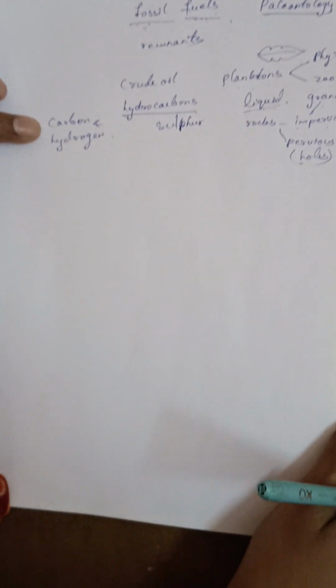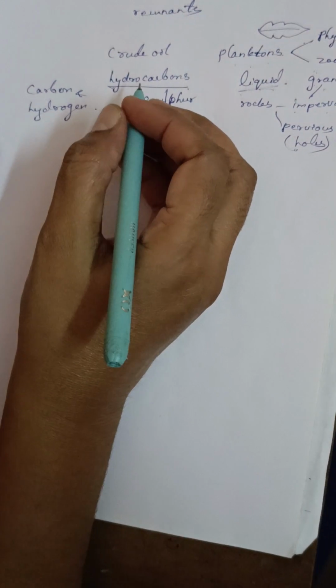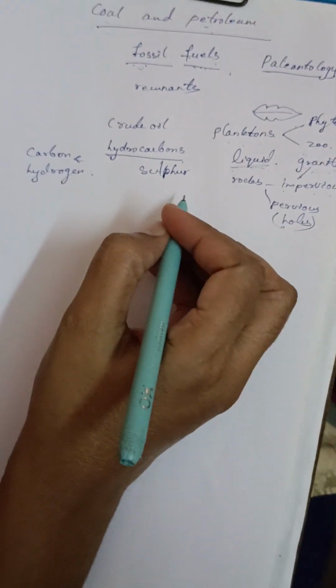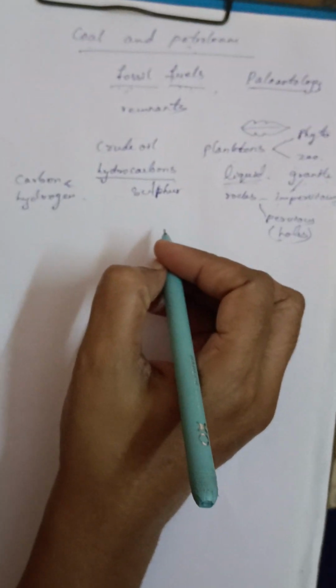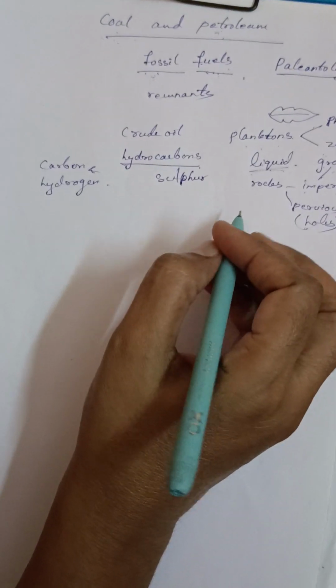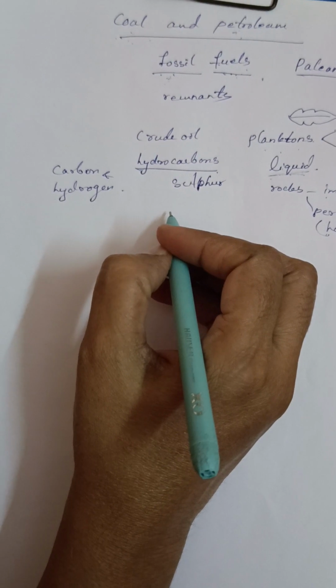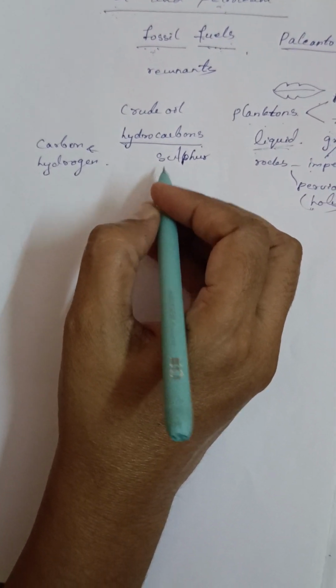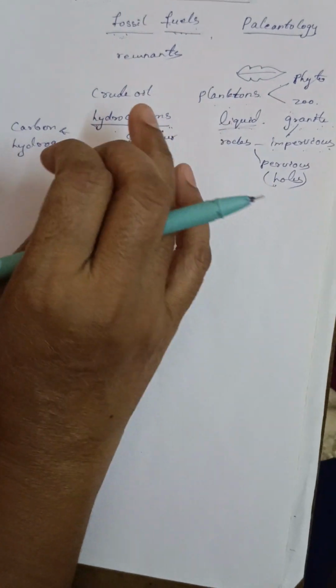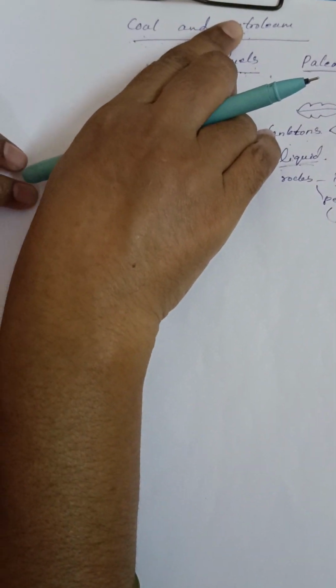We have different types, like ethylene, ethane, methane, propane and butane. Hydrocarbons are of three types, made up of single bond, double bond and triple bond. We will learn about hydrocarbons in detail in organic chemistry. Hydrocarbons are present in petroleum.